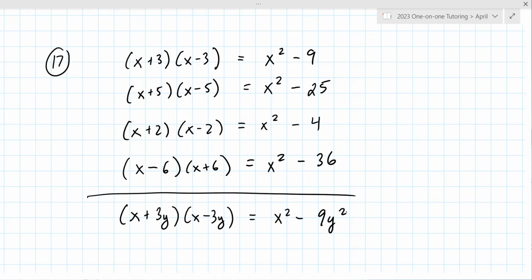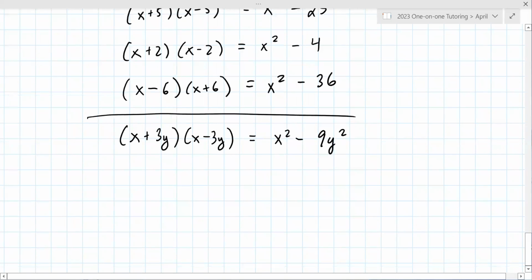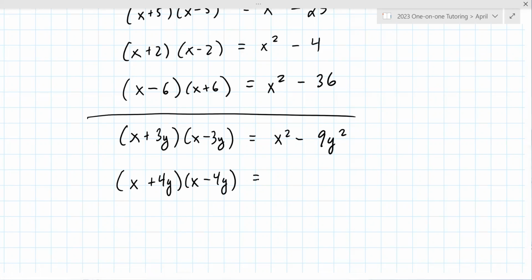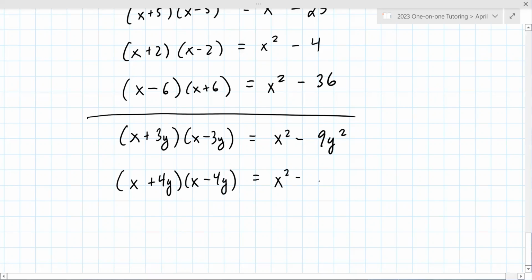Okay, so you try this one here. What would this be? It would be X squared minus 16Y squared.